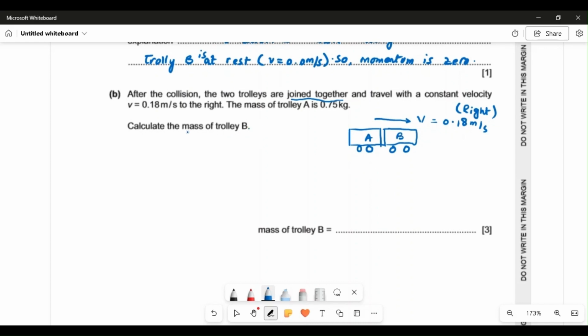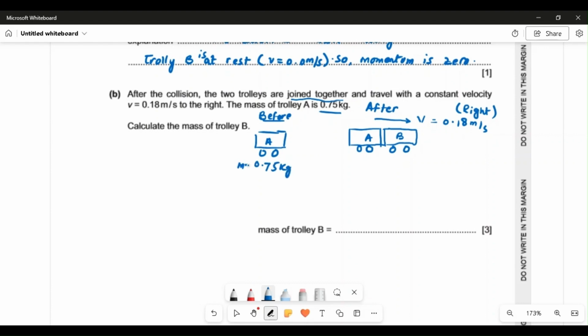We can simply say that this is the situation after collision. And if you want to revise before collision, this is trolley A, having the mass of 0.75 kilogram.